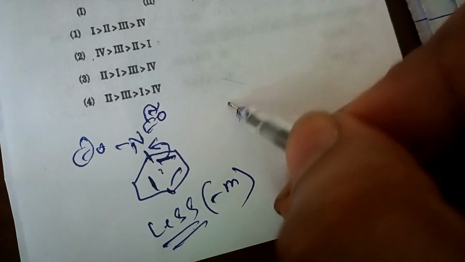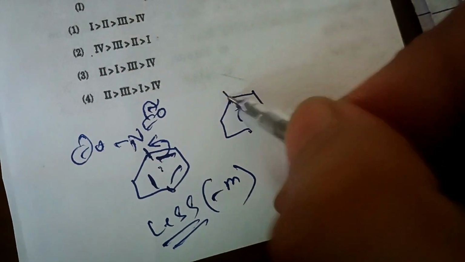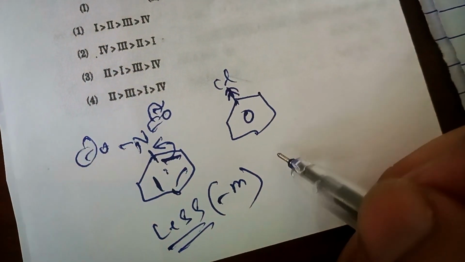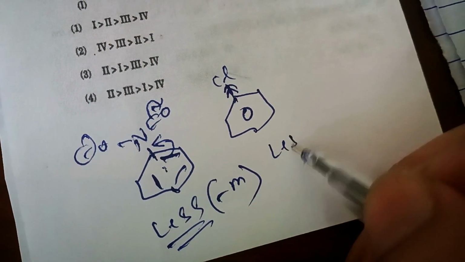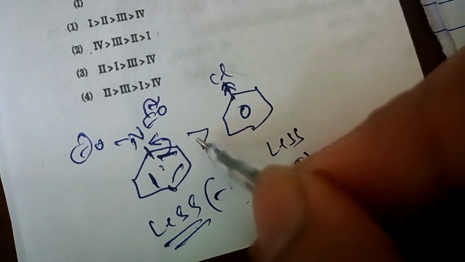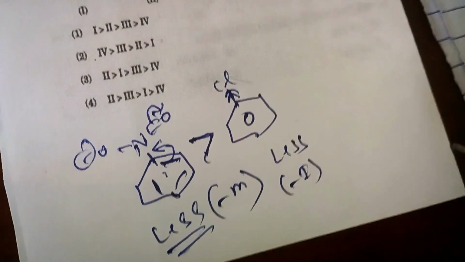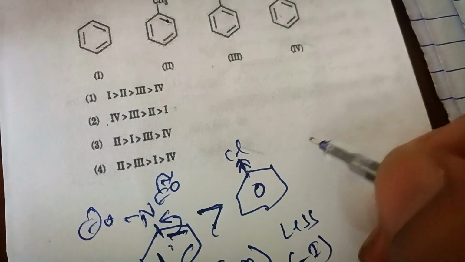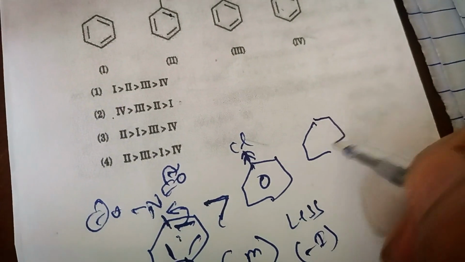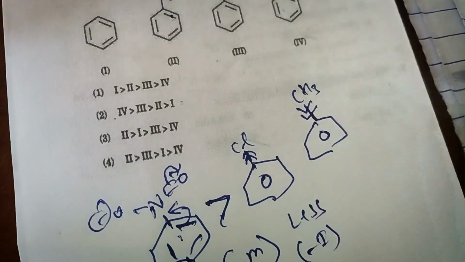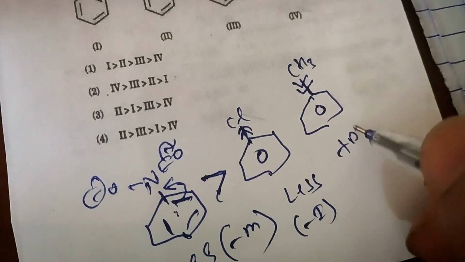If we take chloro, Cl, it also withdraws by the minus I effect, so it will also be less, but it has a more withdrawing nature. Then there is CH3 which will donate, since it has a donating nature, hence the plus I effect.